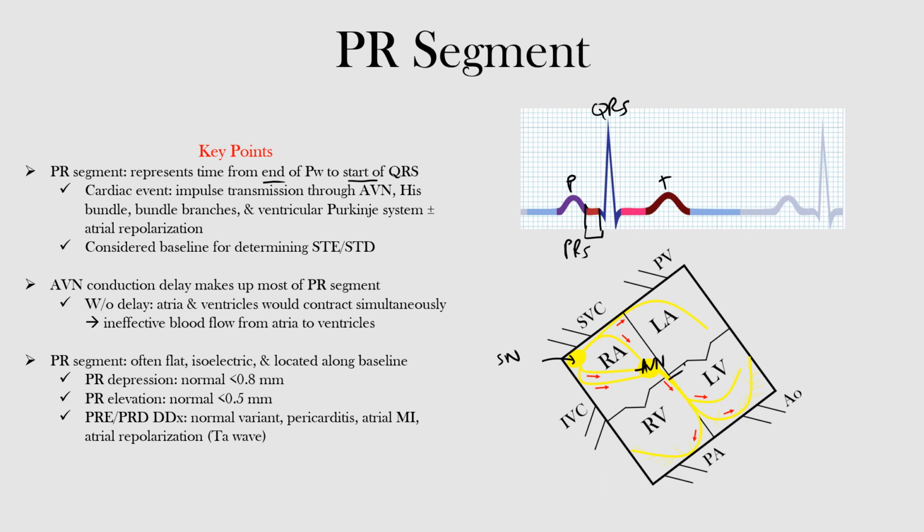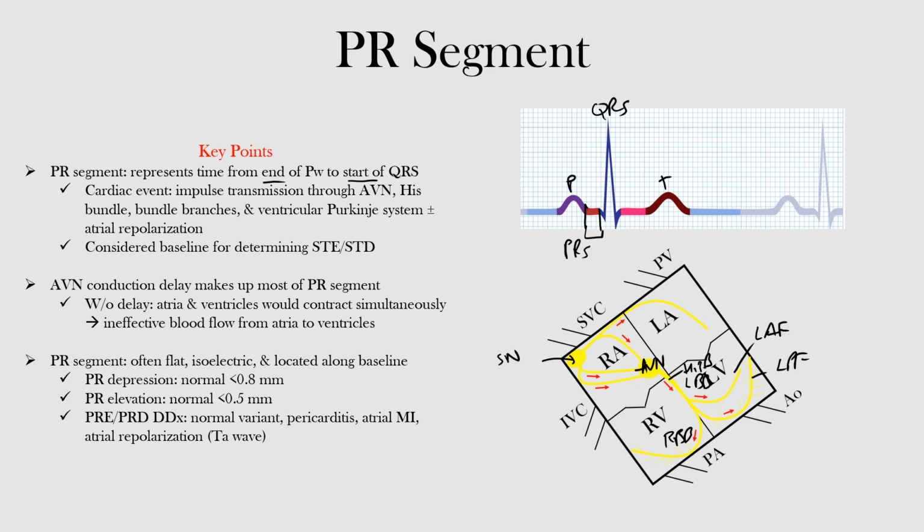Then we have our His bundle, then our bundle branches. On the right side, we have the right bundle branch, and on the left side, the left bundle branch that has a left anterior fascicle and a left posterior fascicle. From those bundle branches, we get the Purkinje fibers that innervate our myocardial cells, and then we have our cell-to-cell depolarization.